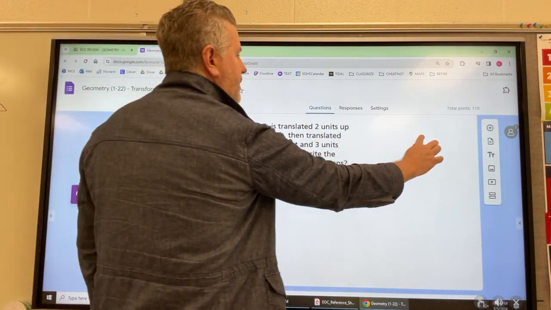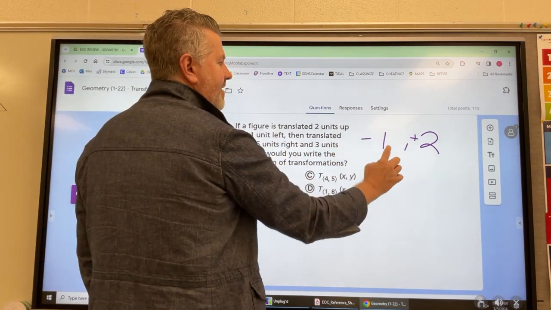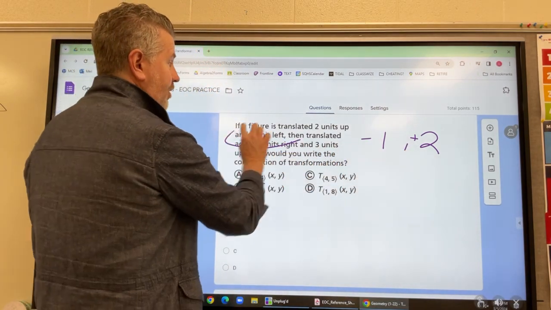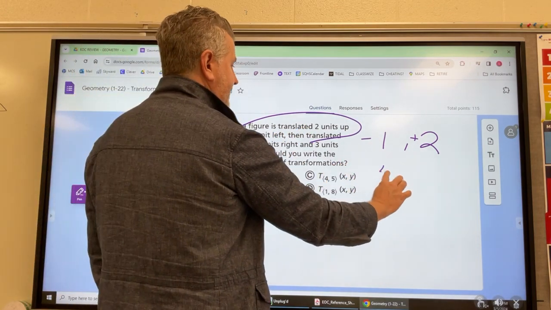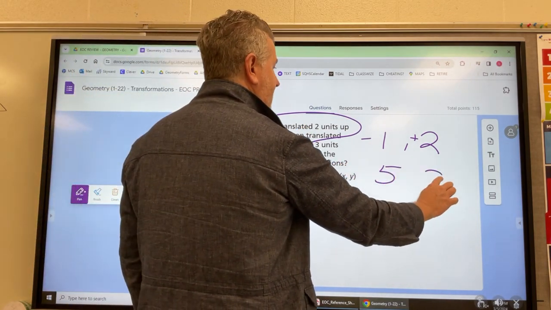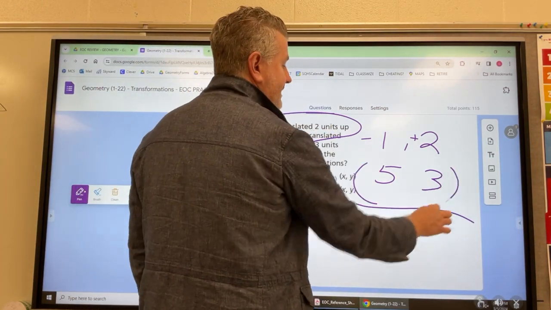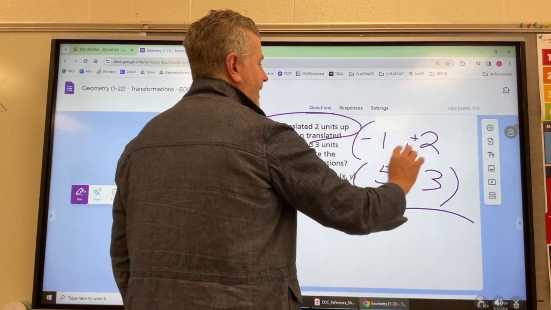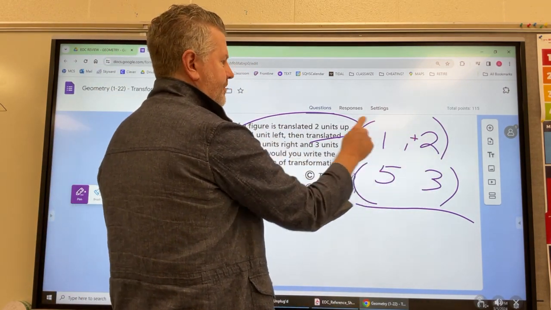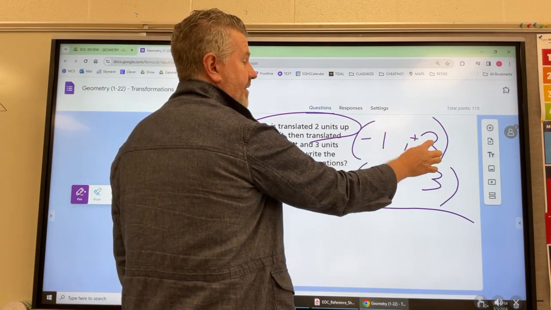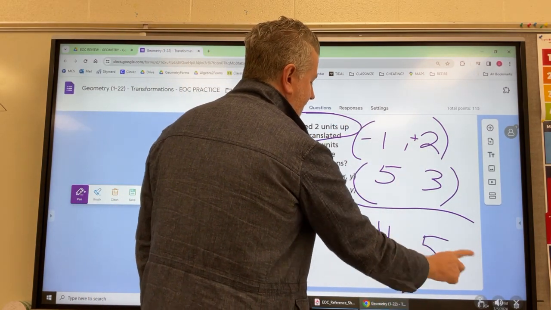So if we're going 2 units up and 1 unit left, that's the transformation for this first direction, okay? And then the second direction is 5 units right and 3 units up. So we can just add these two together, basically. This is our x and y transformation for the second direction. They kind of tried to fool you and tell you the up first, but we know that that's y. So we're just going to add these, and our final would be (4, 5).